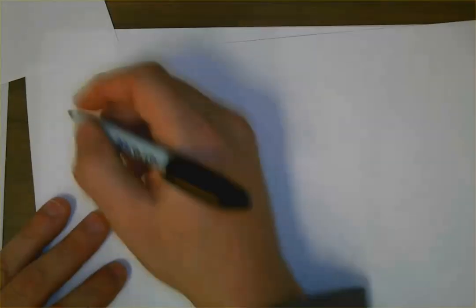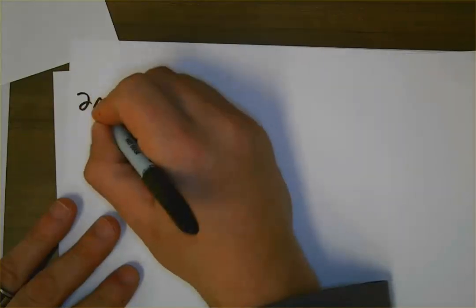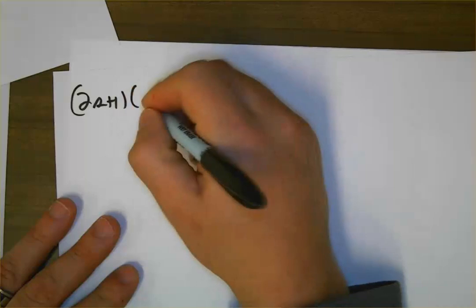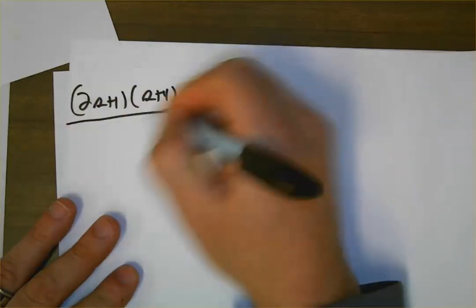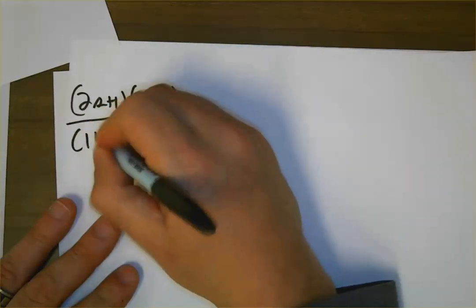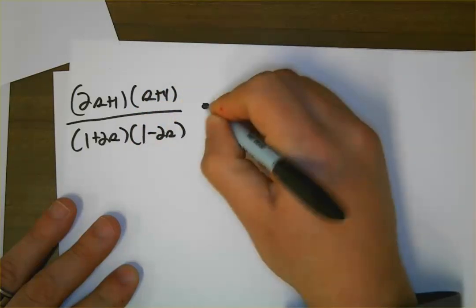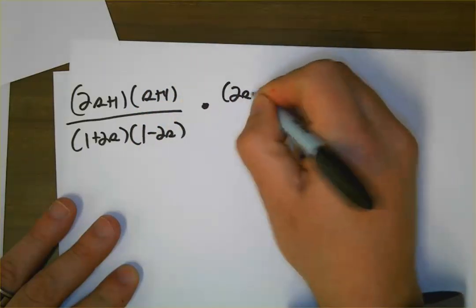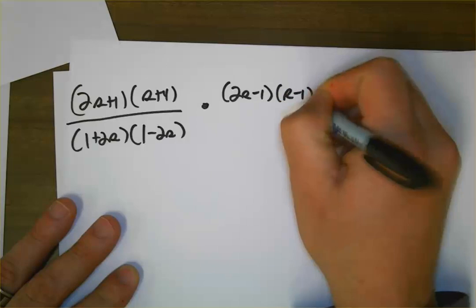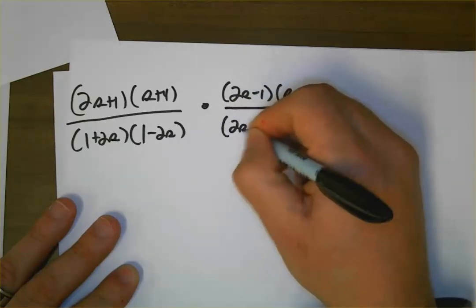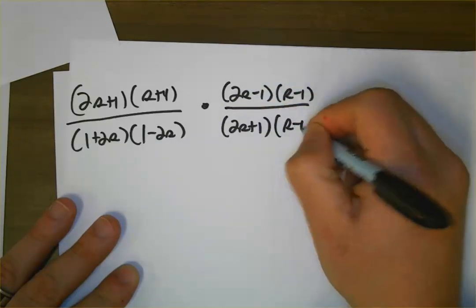You have 2s plus 1, s plus 4, over 1 plus 2s, 1 minus 2s, multiplied by 2s minus 1 times s minus 1 over 2s plus 1 times s minus 1.